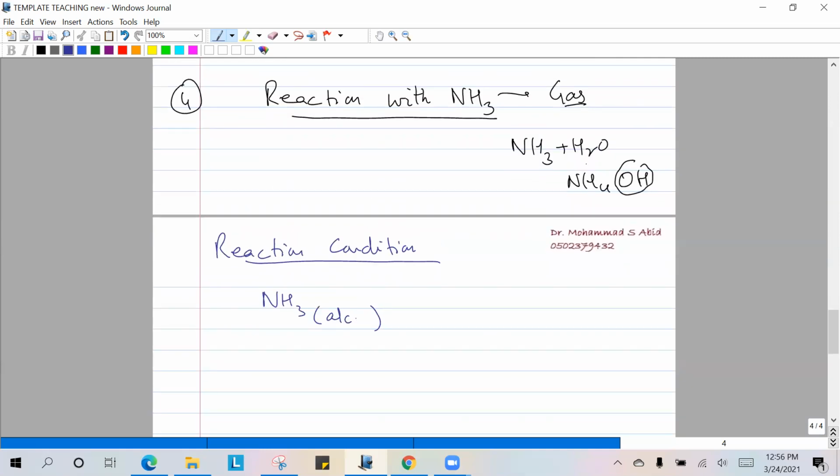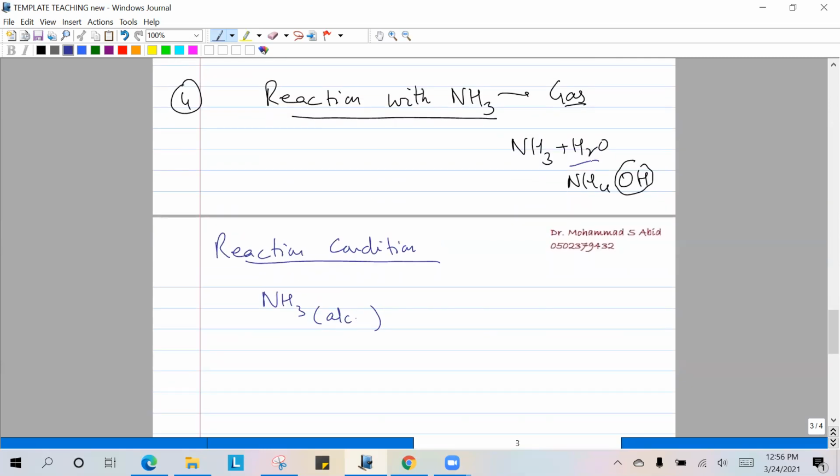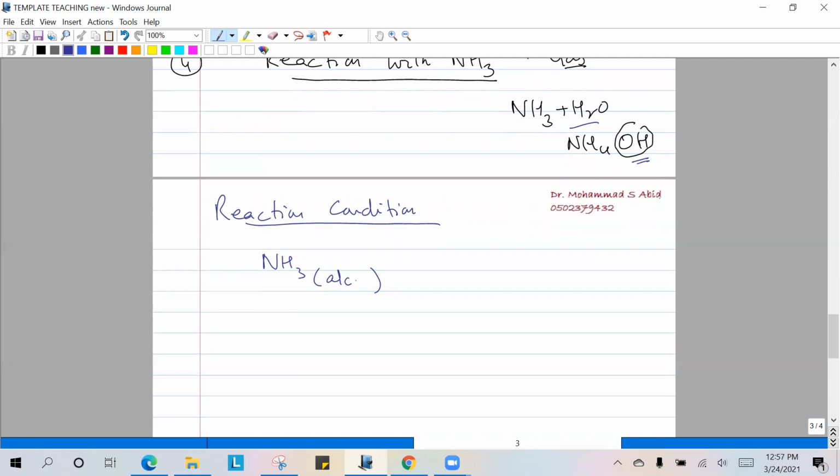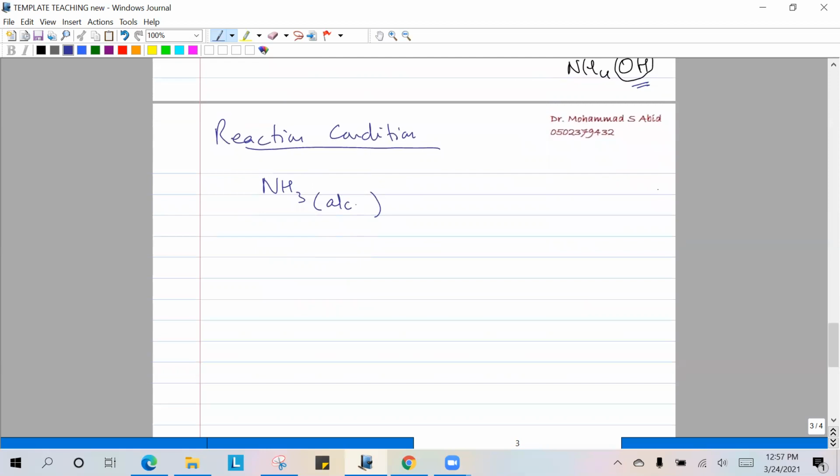You don't dissolve it in water, because then the OH minus will start behaving as a nucleophile or a base, and other products, alcohol and alkene, may be formed. We don't want that to happen. We want ammonia to react, so it has to be dissolved in alcohol. But again, the problem is if there is a little heating, ammonia will escape out from the alcohol. So ammonia may not react at all.